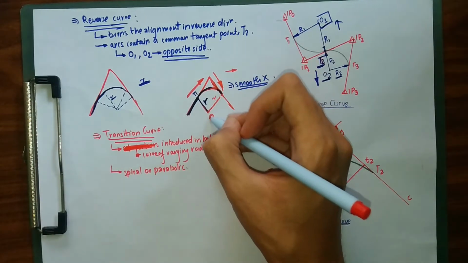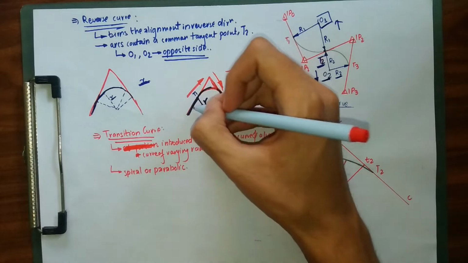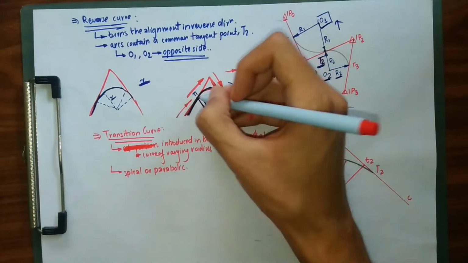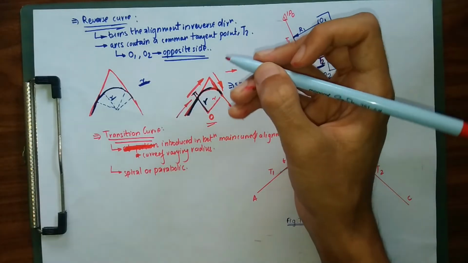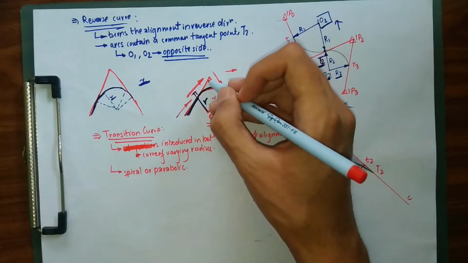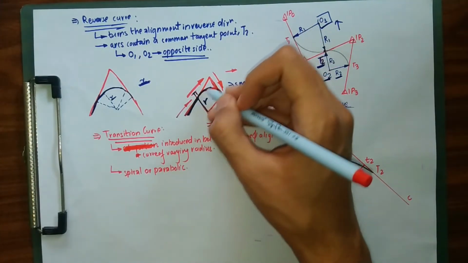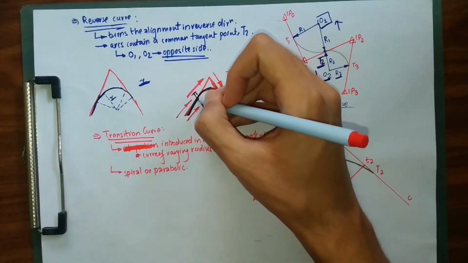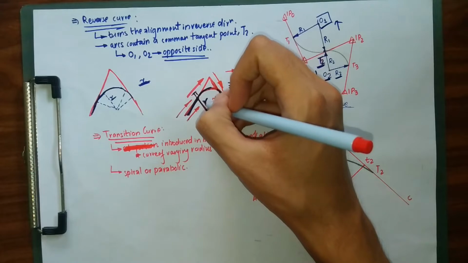Whenever a vehicle or a railway moves in this direction, and we reach our point of tangency T1, where our curve meets our alignment or the straight portion, as soon as we reach this point T1, a curve of radius r has begun.